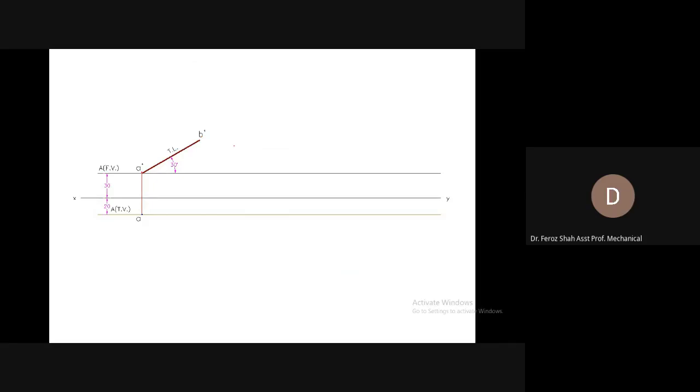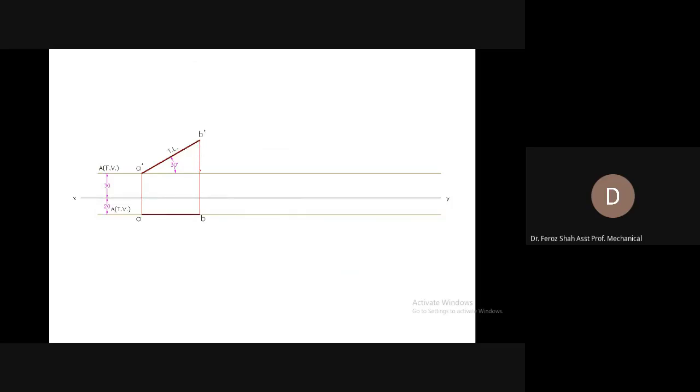Now the top view of end A has already been drawn. The top view of end B will be drawn through a perpendicular projector. This projector must remain perpendicular to the XY reference line.